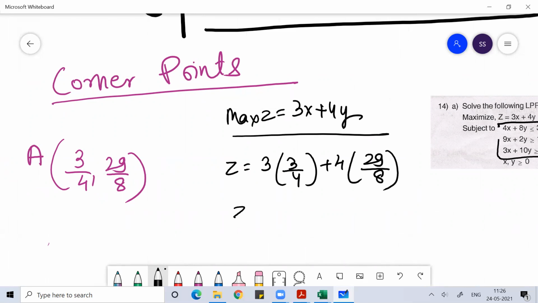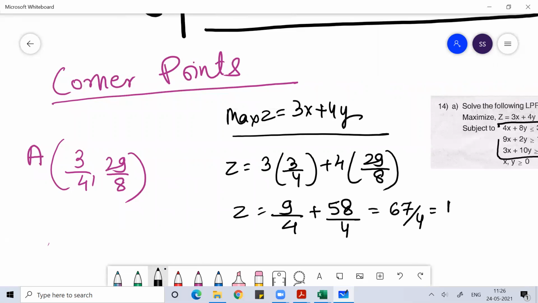If you solve it, your Z value would be 9 by 4 plus 58 by 4. I can write it so that the denominator remains the same. So this would be 67 by 4.